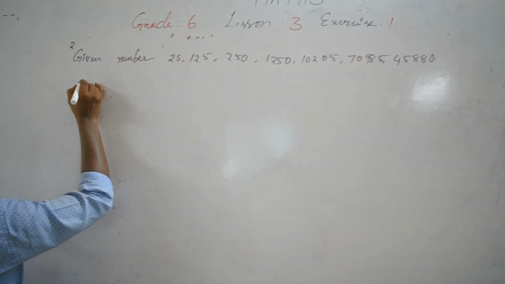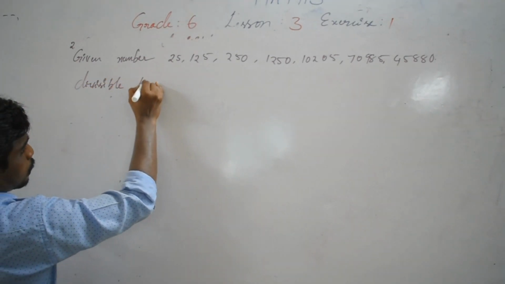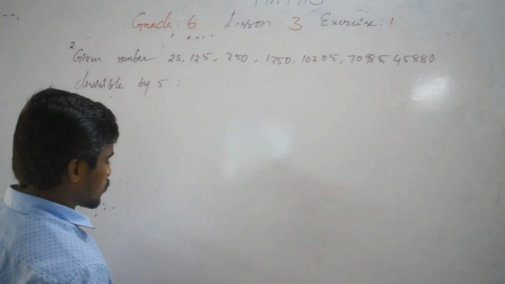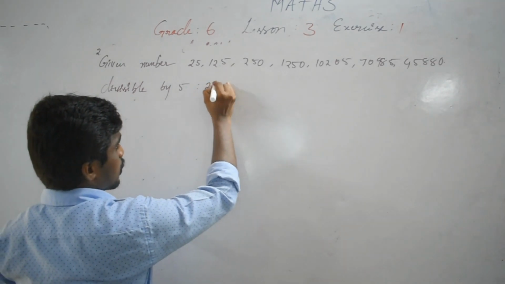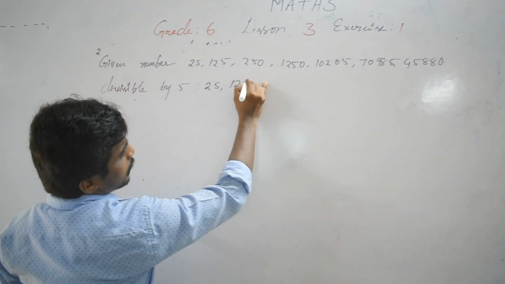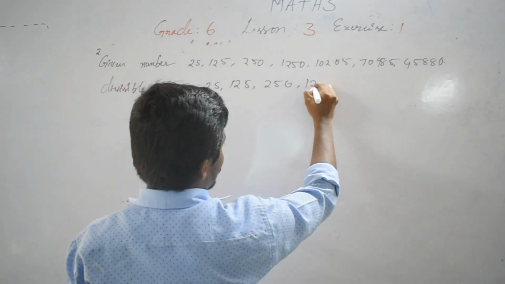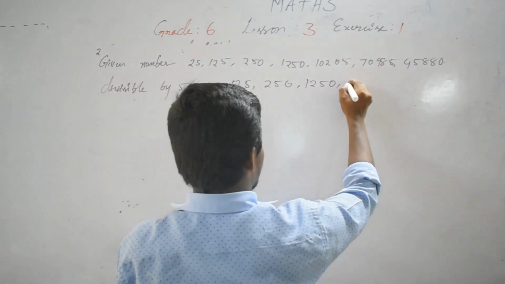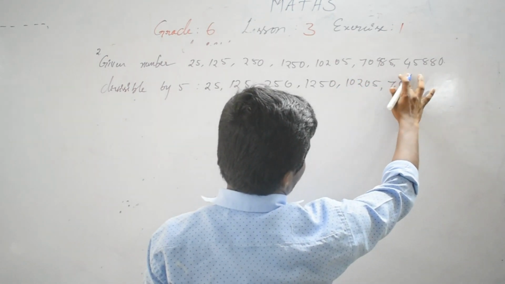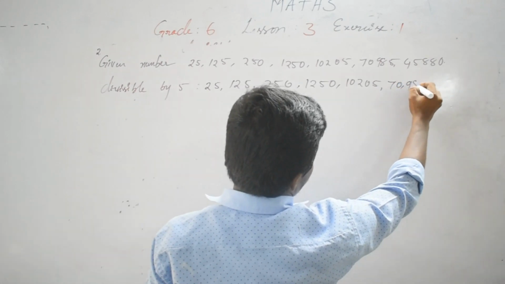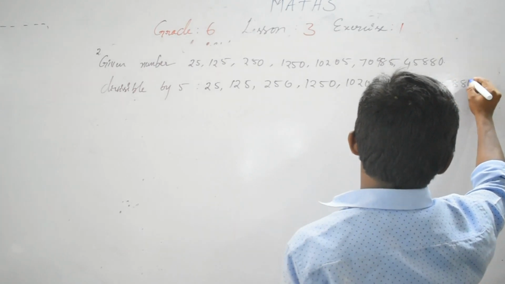Divisible by 5: how many numbers here are divisible by 5? 25, 125, 250, 1050, 10,205, 7,000, 70,985, 45,880.